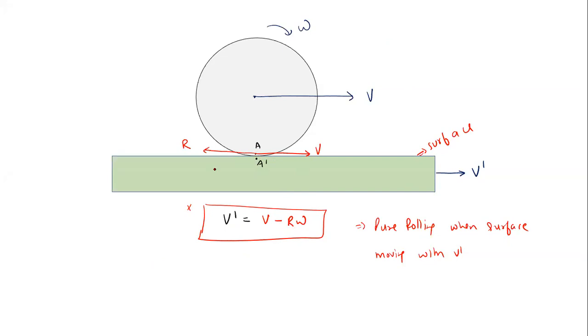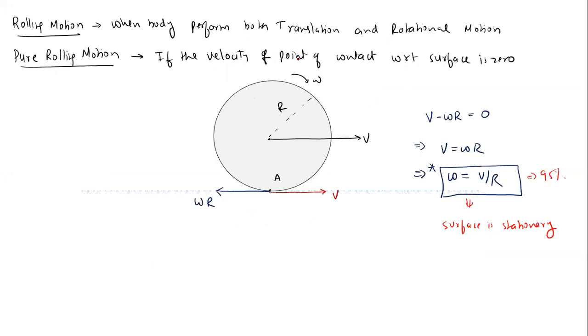Okay, so we can make a small correction in the definition of pure rolling. Pure rolling says that the velocity of the point of contact with respect to the surface is zero.